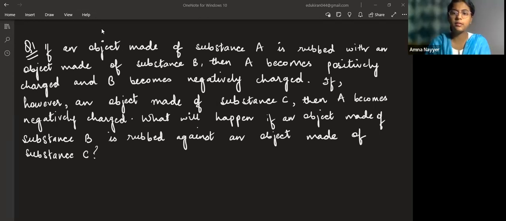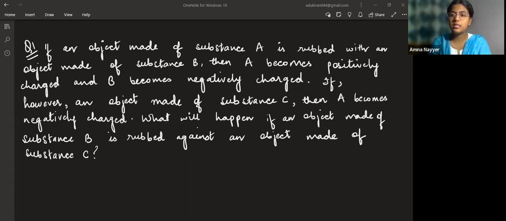Now look, let me discuss it with you. See, it says that if an object made of substance A is rubbed with an object made of substance B, then A becomes positively charged and B becomes negatively charged.